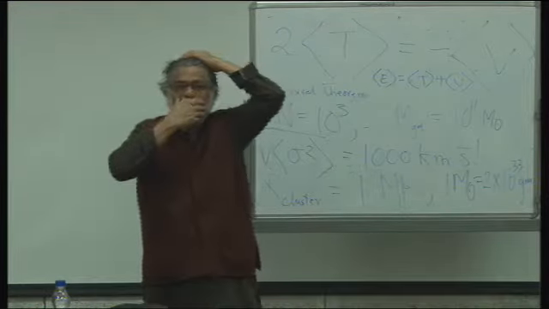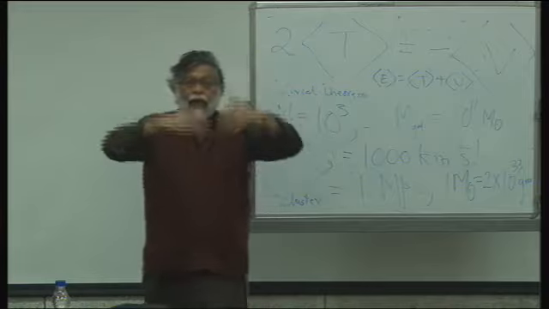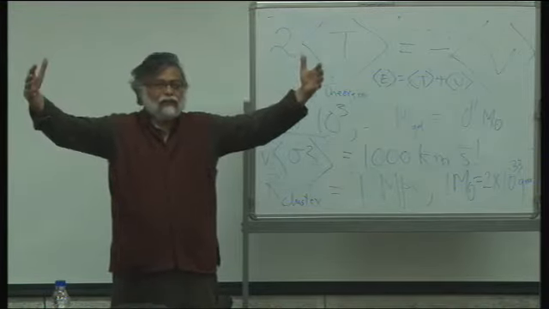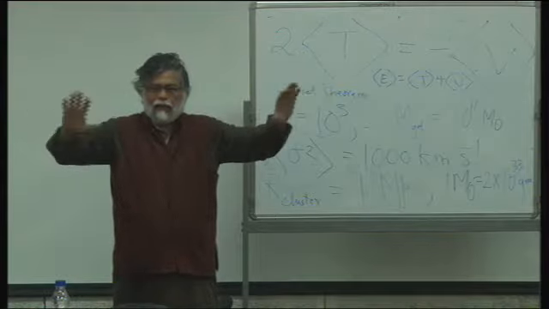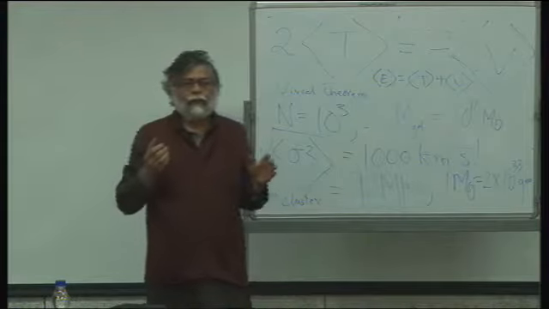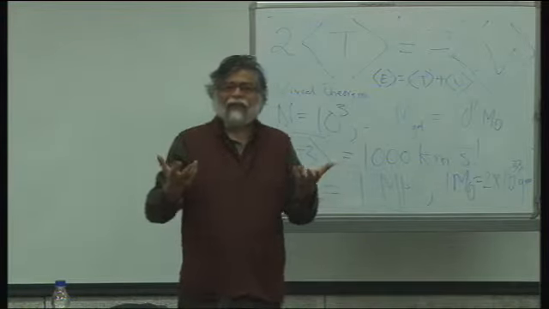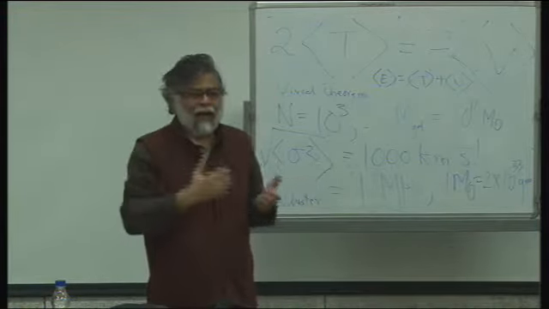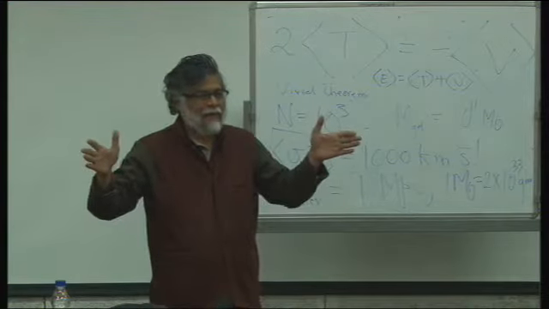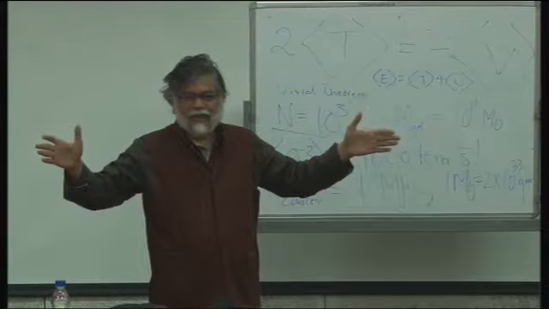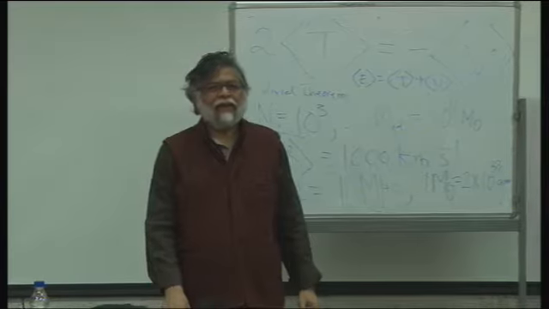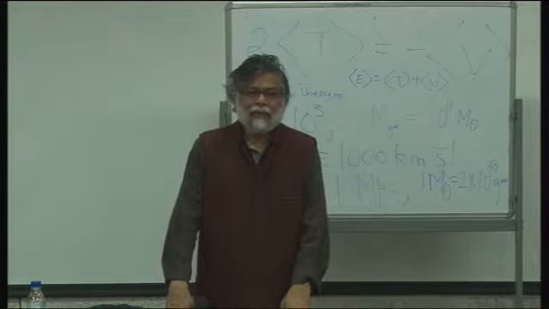So far, I had not talked about the scales at which the Hubble redshift applies. We all know that the universe is expanding, and as you go to larger and larger distances, the rate at which the distance between any two galaxies is increasing is very large, of the order of 60 to 70 kilometers per second per megaparsec.